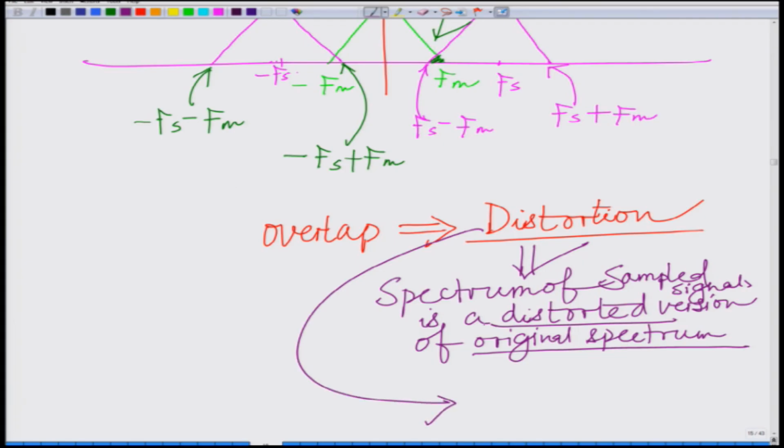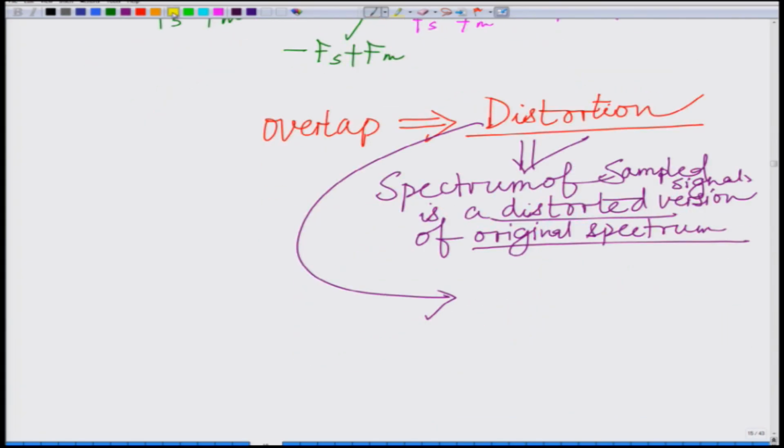and this distortion, which is very important, is termed as aliasing. That is, these different spectral copies alias. And remember, we have also derived the condition for aliasing.